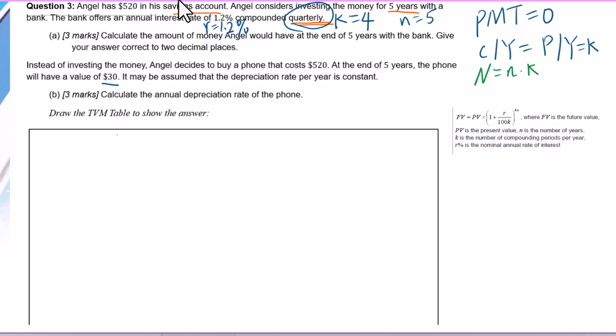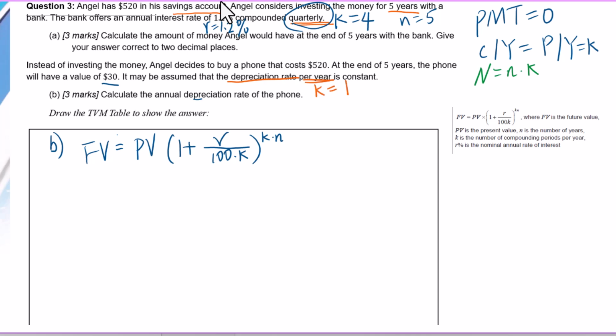So if you want to use a finance solver, make sure CY equals PY equals K. Since PMT equals 0, we can still use this formula to work this out. In this situation, we need to figure out depreciation rate per year, which means K equals 1.